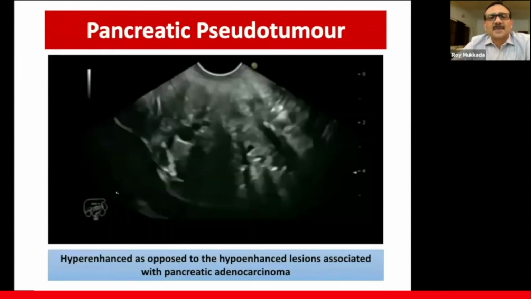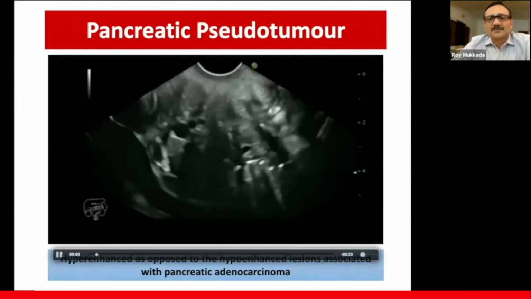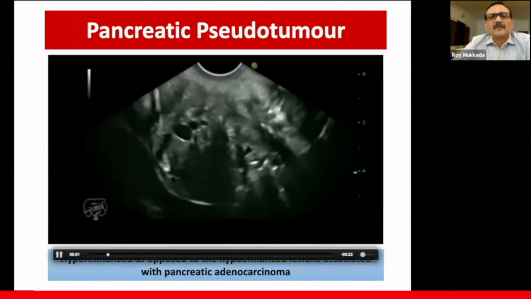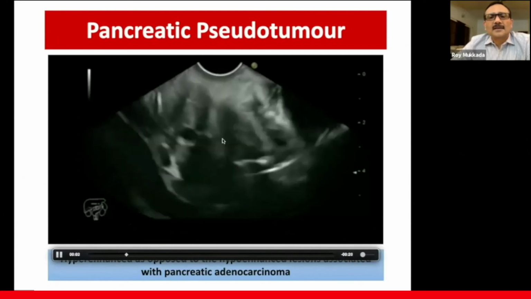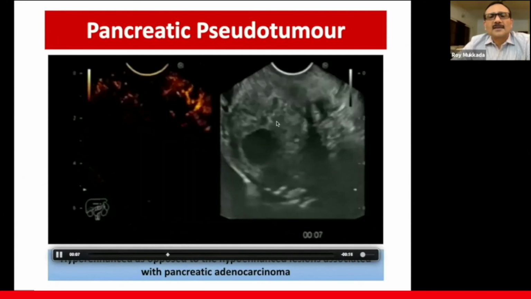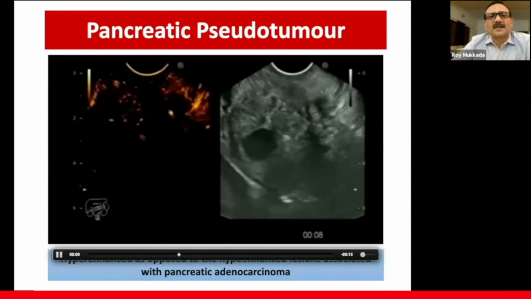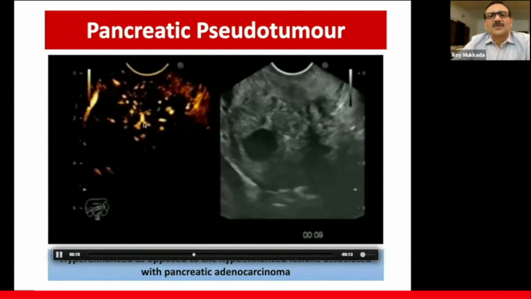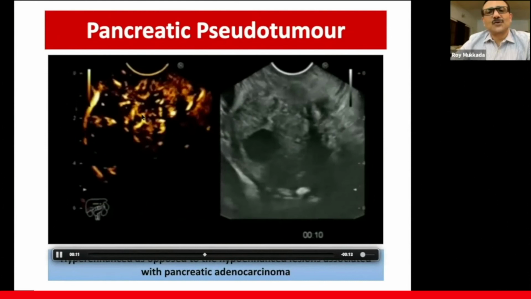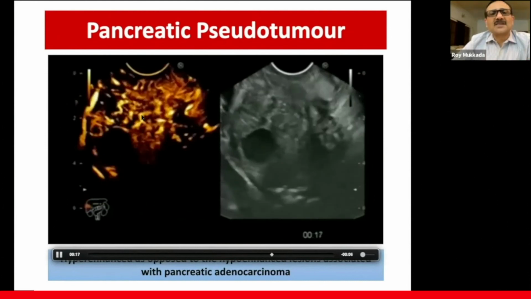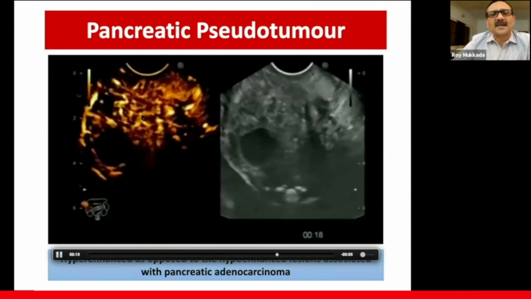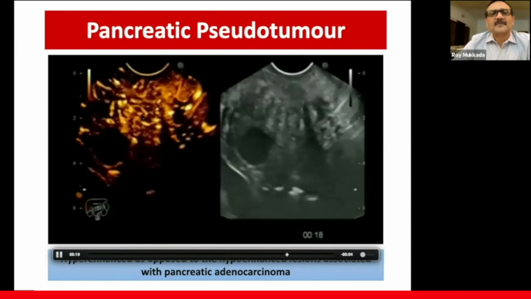So here you can see this pancreatic pseudotumour. So this is a pancreatic pseudotumour, not a pancreatic adenocarcinoma, which is hypoenhancing. Here it is actually hyperenhancing.